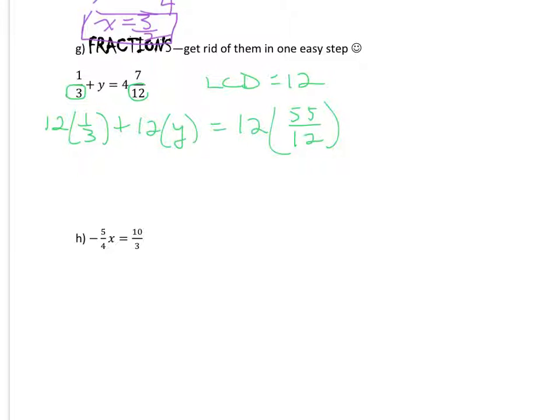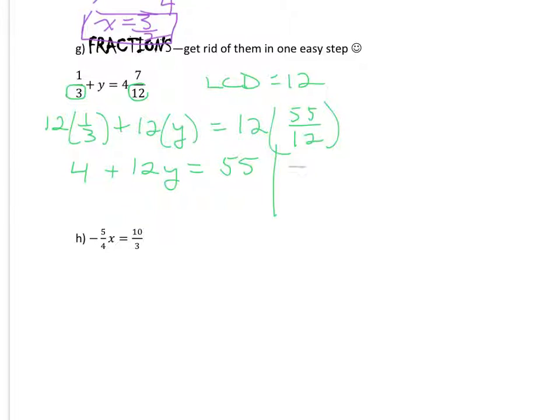And the reason we chose 12 is that it right away cancels out or simplifies out all of the fractions. So on the left side, I've got 12 times 1/3, but that gives me 4. 4 plus 12y equals 55. So now I have a much simpler equation, no fractions left in it.